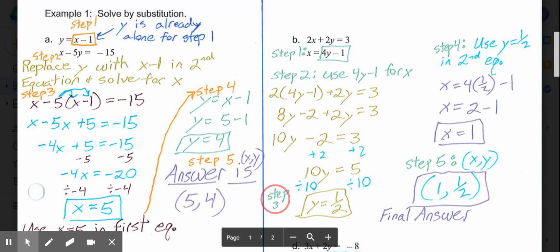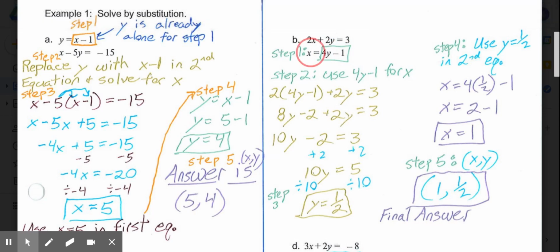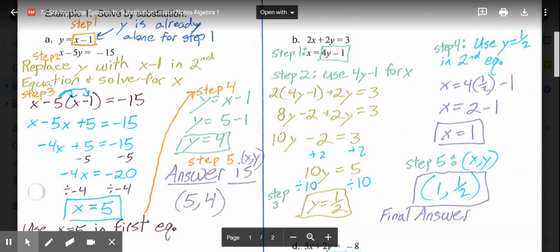So step 3, we got y equals 1/2. So then in step 4, I'm going to use that info, y equals 1/2, in the second equation that we didn't use yet. So we already used our top equation, so we need to use the bottom equation.